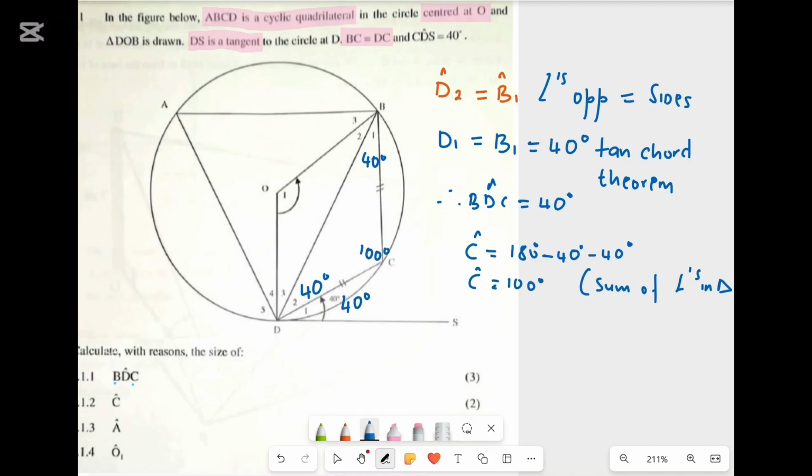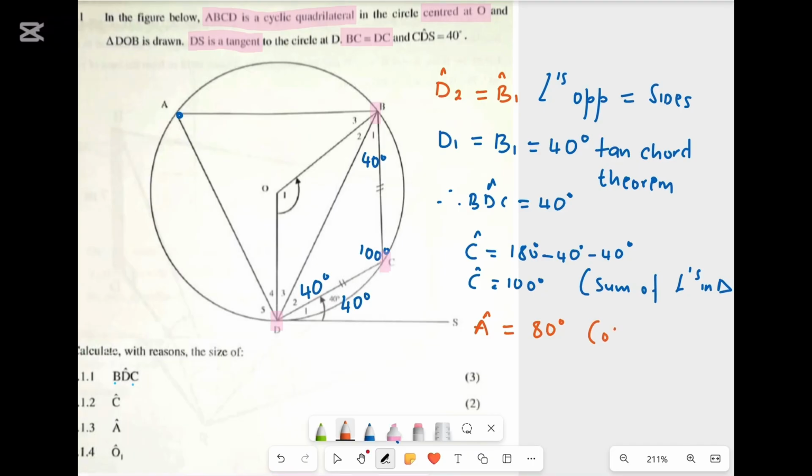So the next question is, calculate angle A. Now, remember from the statement, they told us that ABCD is a cyclic quad. And remember, opposite angles of a cyclic quad add up to 180. So now, if angle C is equal to 100, that simply means angle A will be 80 degrees. Why?